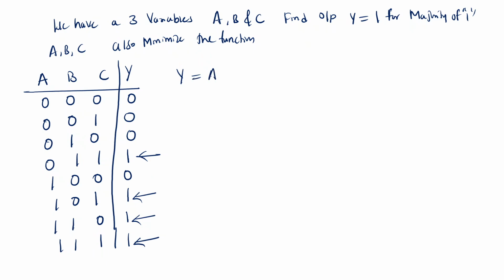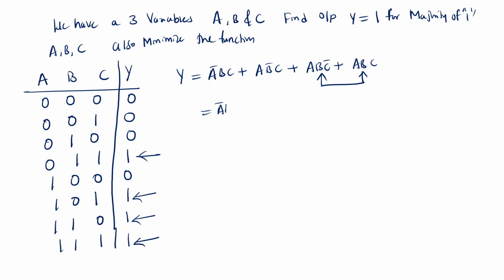a bar bc plus a b bar c plus abc bar plus abc. From these two I can take ab common.